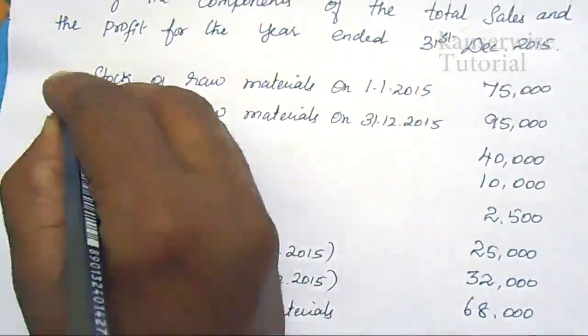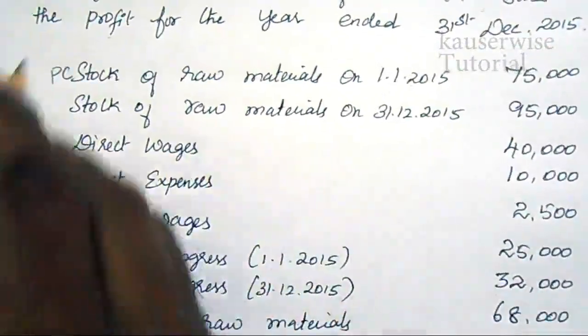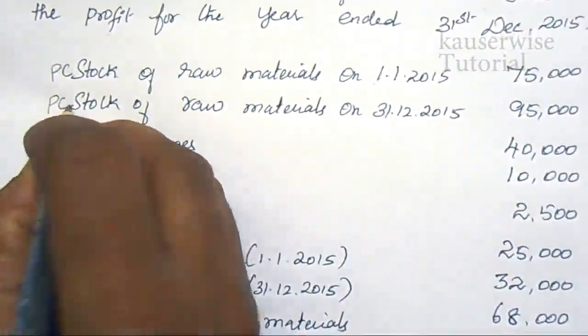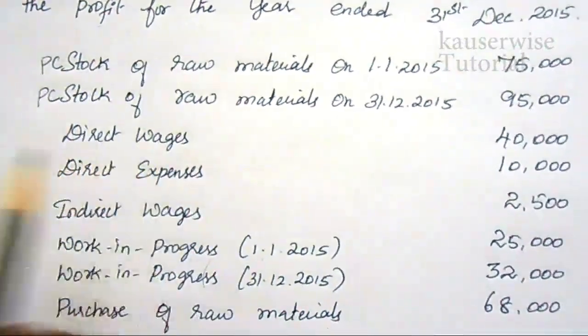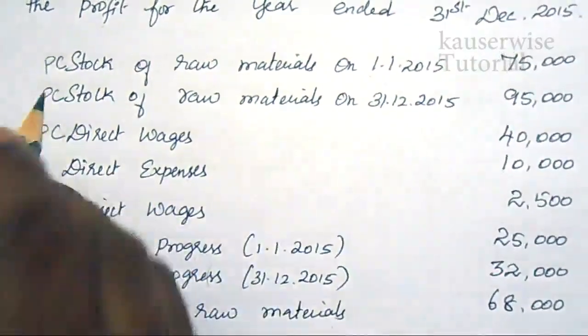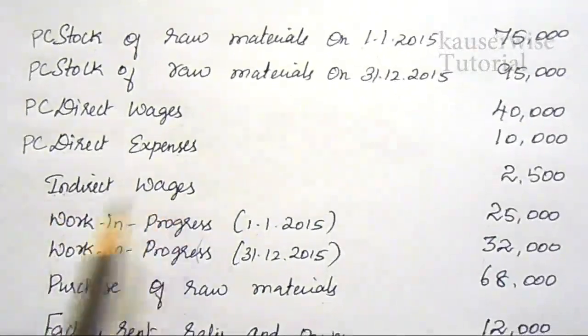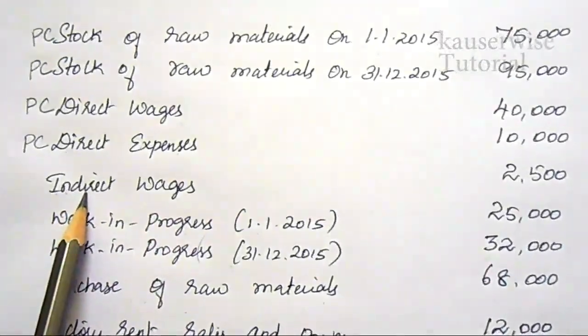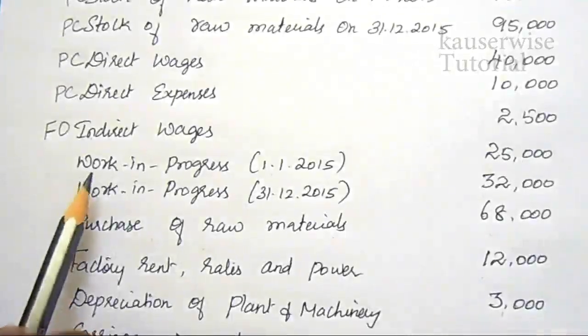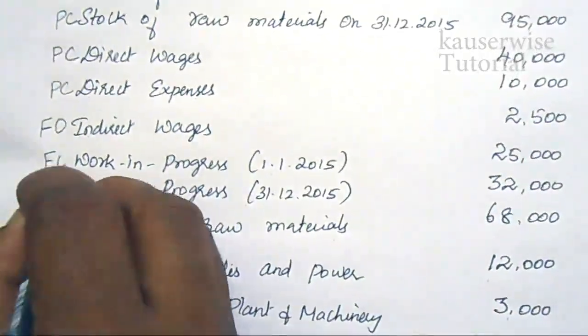This will come under prime cost. Next one, closing stock of raw material, this also comes under prime cost. Then direct wages also come under prime cost. Direct expenses also come under prime cost. Next one, indirect wages, which comes under factory overheads. Next one, opening stock of work in progress, this will come under factory overheads.